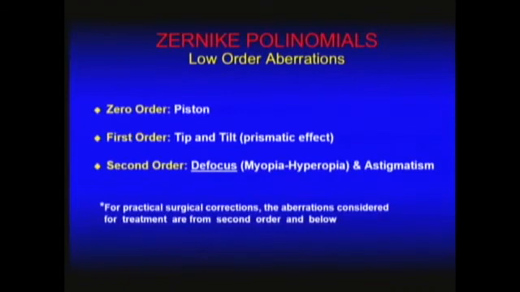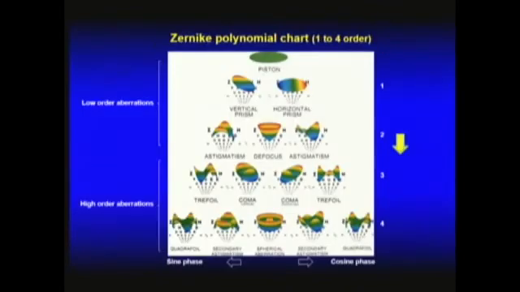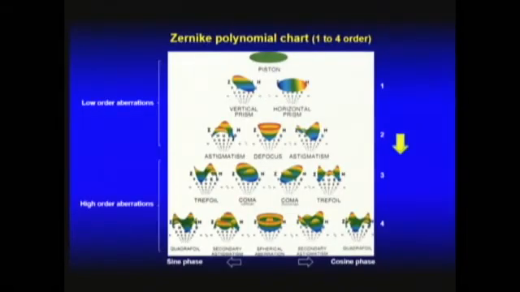For practical surgical corrections, the aberrations considered for treatment are from second order and above. So from here down: defocus, astigmatism, coma, trefoil, spherical. Usually up to the fourth order is enough, but we have to analyze that.